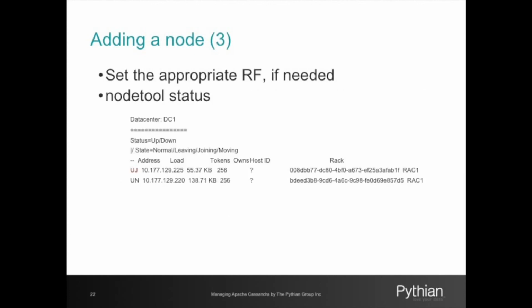The only thing you need to do if you have additional nodes is go to the previously defined keyspace, for example, as defined here, and change the replication factor to 2, or if you don't need to, you don't change it. Then you run nodetool status, you see that you have a new node, it's up, and you see the J there, which means it's joining. So that's why the 2 minutes. You never add a node before the previous one has joined, so until both nodes are UN.